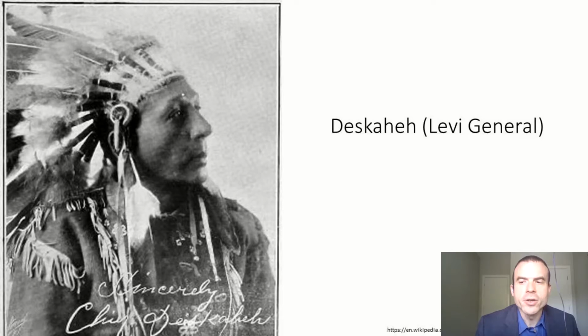Britain and Canada undermined his diplomatic efforts and would attempt to punish him in all sorts of different ways, including trying to auction off his property for his defiance while he was away from home. Deskaheh would turn to his friends south of the border for support. While he remained there, immigration agents prevented visitors, family members, and medicine men from crossing the line to see him, hoping that the tight border enforcement would limit his growing influence.